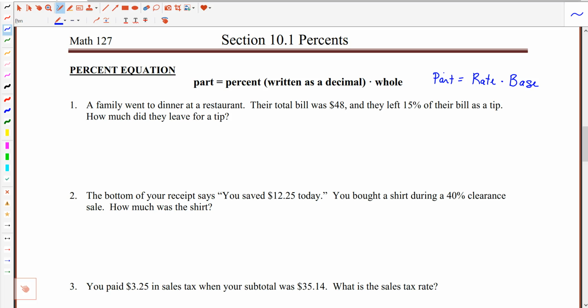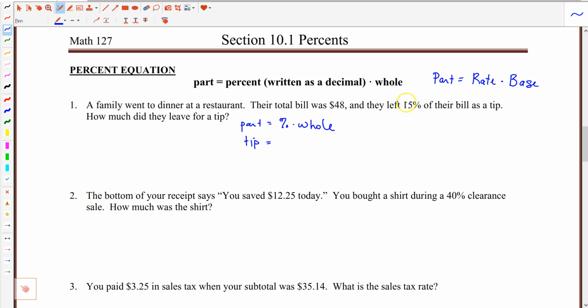Now in this first example, it says a family went to dinner at a restaurant. Their total bill was $48, and they left 15% of their bill as a tip. So how much did they leave for a tip? Well, the part that they're going to have left for the tip is equal to the percent times the whole. So the part is going to be the tip amount.